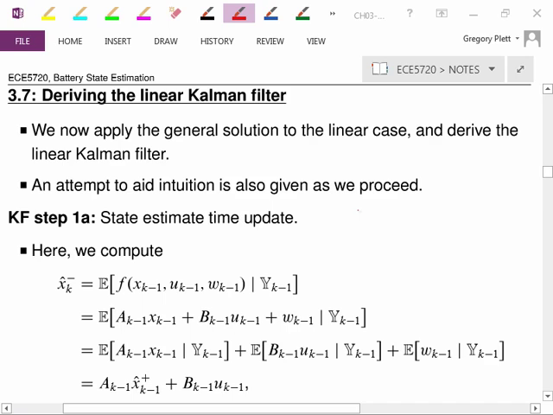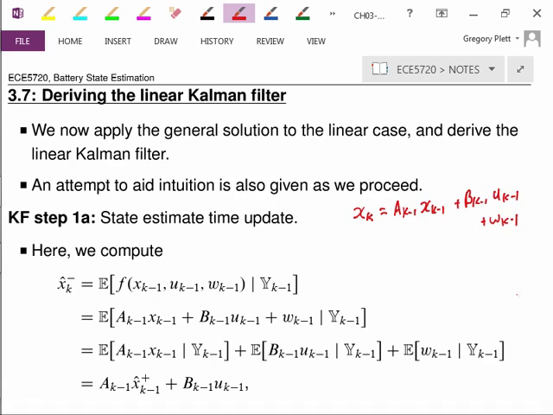So a linear system has a state space form of xk equals ak minus 1 times xk minus 1 plus bk minus 1 uk minus 1 plus wk minus 1, where x is the state, u is the input for us, that would be battery cell current, and w is a process noise, so it's some unmeasured signal that does influence the state somehow, but it is not measured.